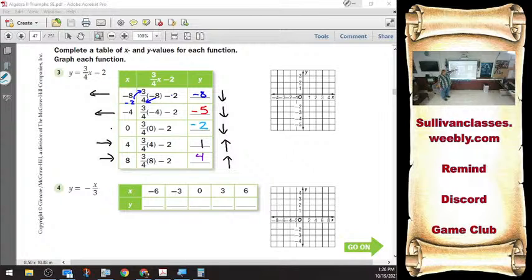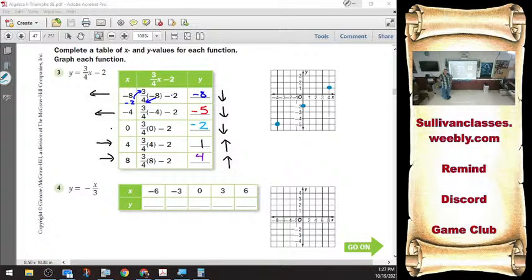Can I fit left 4 down 5? Yes. Left 4 down 5. No left or right, down 2. Right 4 up 1. Right 8 up 4. Ah, crud. Can't do that one either.